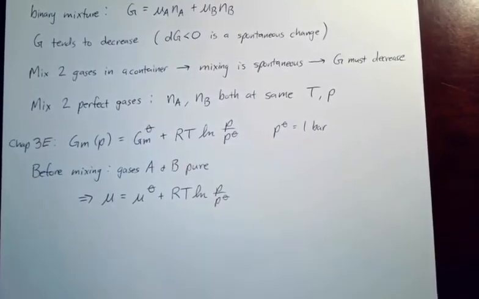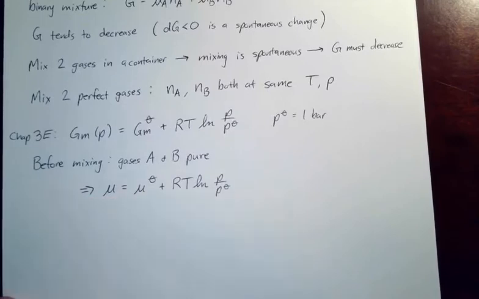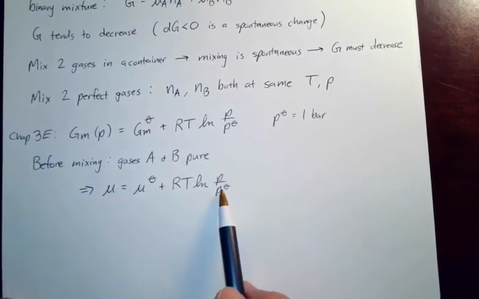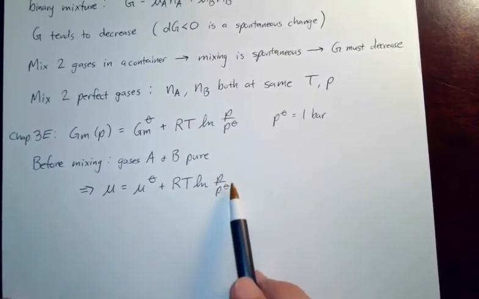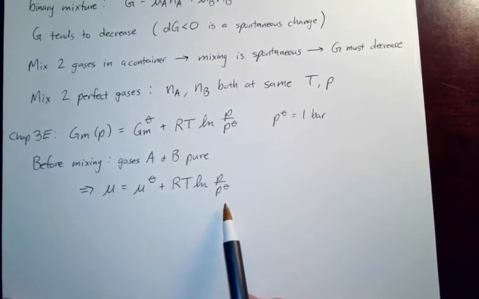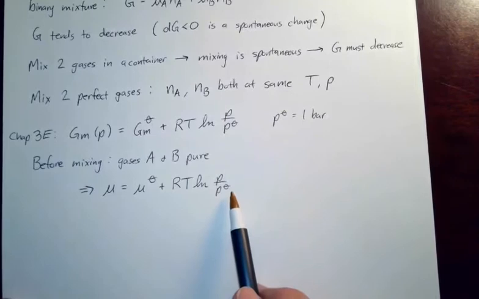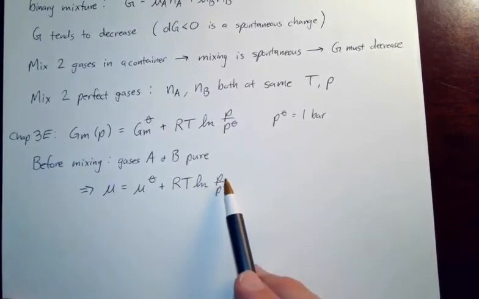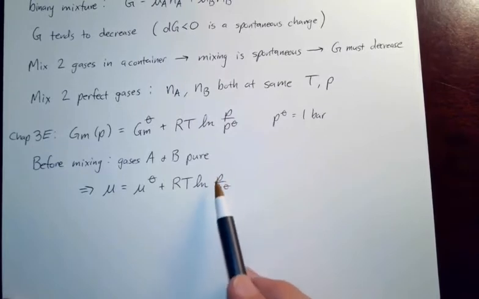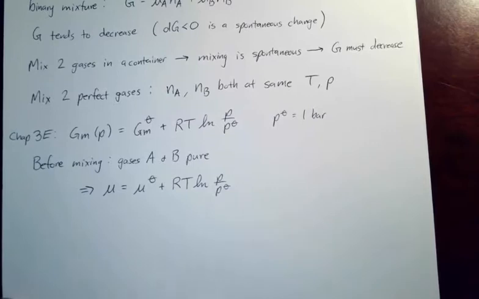Now, to simplify notation a little bit, since P standard is 1 bar, we will replace this quantity with a dimensionless quantity. We'll just understand that it's unitless as long as pressure is in bars, and this unitless number is telling us how many bars of pressure we have. So let me write that out.